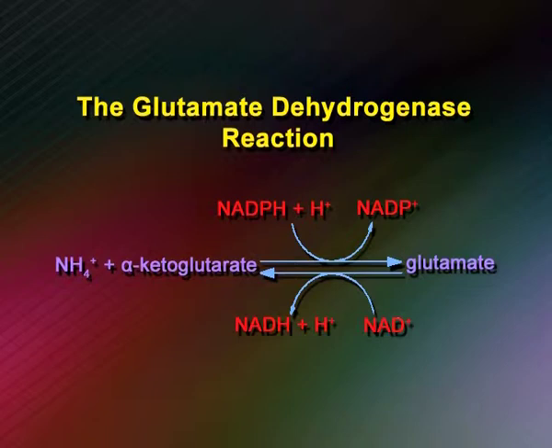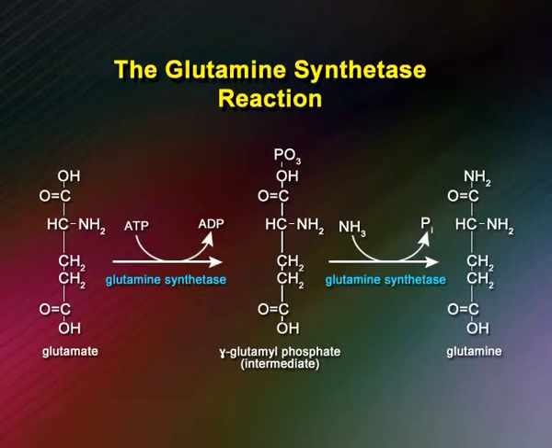In the process, two hydrogens are taken from the coenzyme NADPH2 and transferred to the alpha ketoglutarate ammonia complex to form glutamate. Another important reaction is when glutamate is converted to glutamine by the help of the enzyme glutamine synthase using ATP as energy. Glutamine is another important amino acid which is required for protein synthesis.